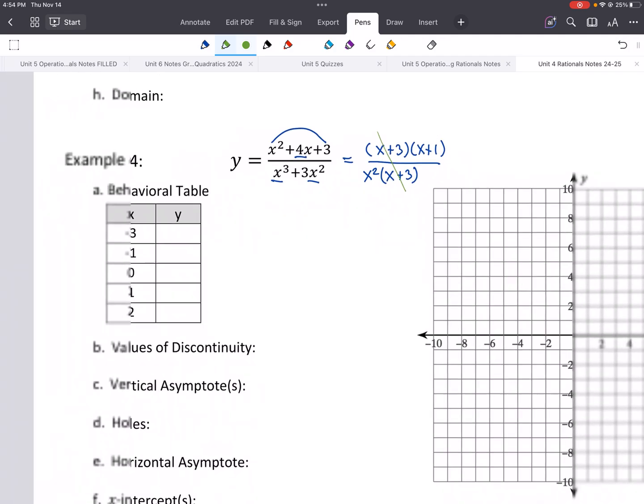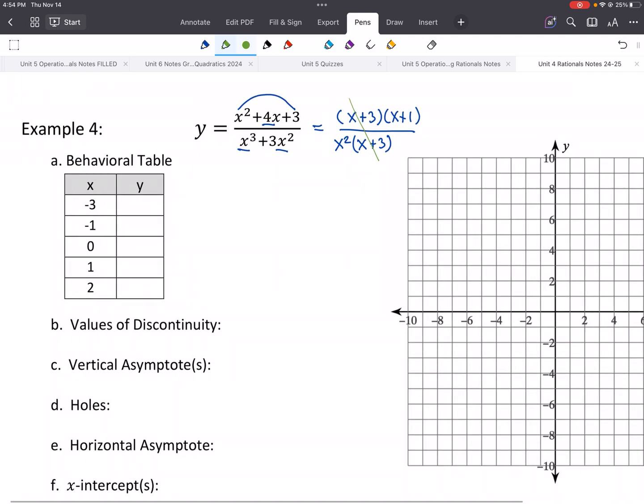Okay, so let's go and write down our values of discontinuity. Again, x cannot be, we have 2 x's, so we're going to have 2 values of discontinuity. It can't be 0, and it can't be negative 3. The negative 3 will be our hole, because the x plus 3 cancels out. So we would plug that in after we cancel, so we'd have x plus 1 over x squared.